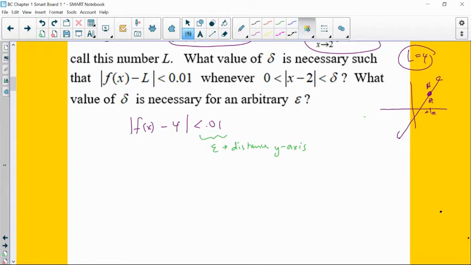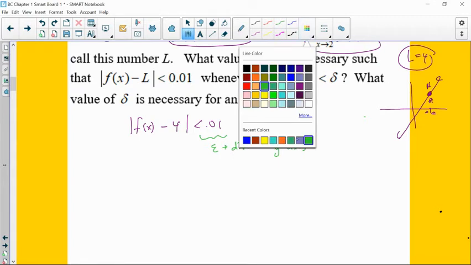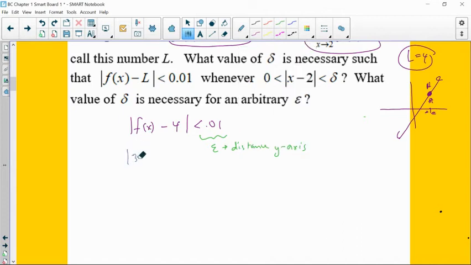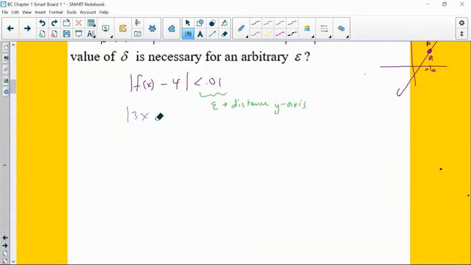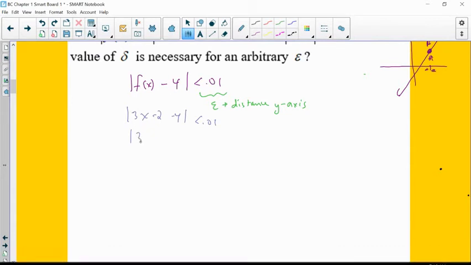Okay, let's go ahead and replace the function with what the function is, which we said was 3x minus 2. So |3x - 2 - 4| is less than 1/100th, or that's |3x - 6| less than 1/100th.